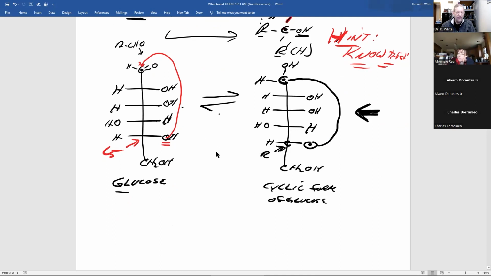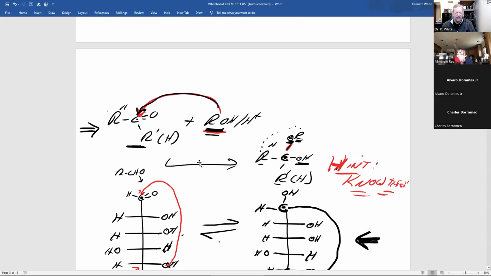You have this hydroxyl group, and the general reaction is ketone or aldehyde reacting with an alcohol. Now, since it's an intramolecular reaction, you don't need the acid catalyst like we do for two separate molecules reacting.